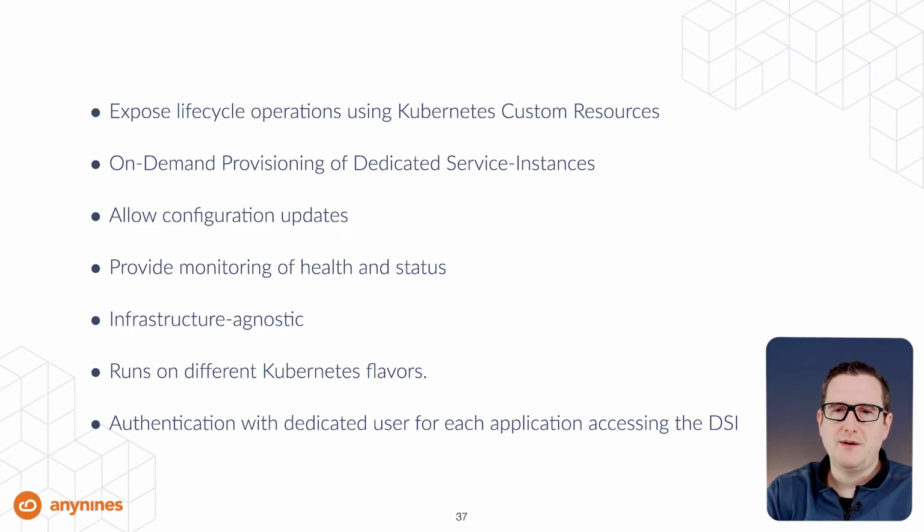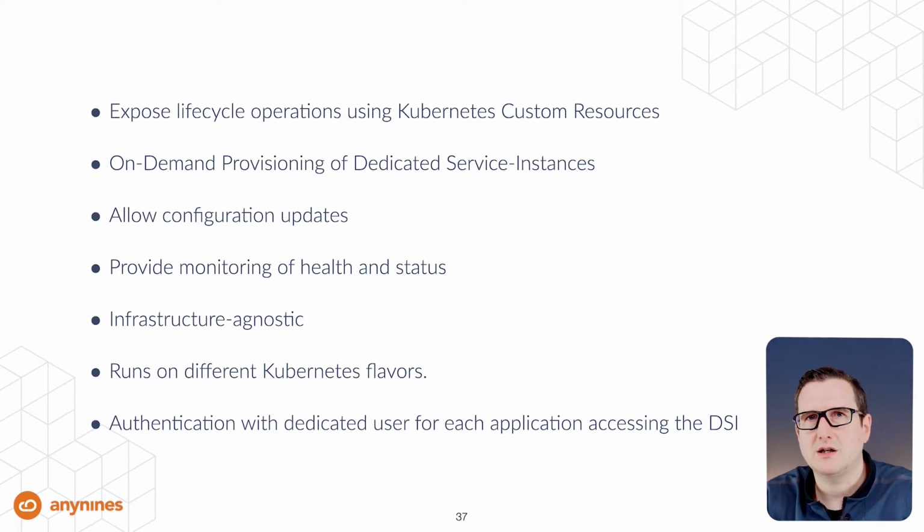The idea of on-demand provisioning dedicated service instance has also become very popular. So a service instance should be represented by a dedicated Postgres cluster. For example, having a single pod in a stateful set, or having a pod with several replicas in a stateful set as your service instance.